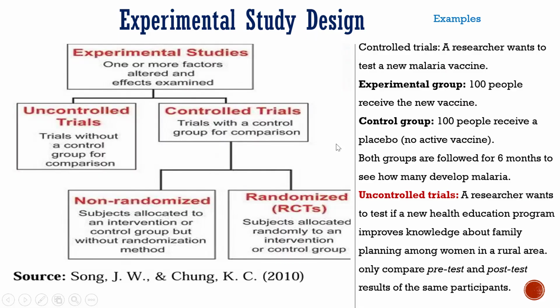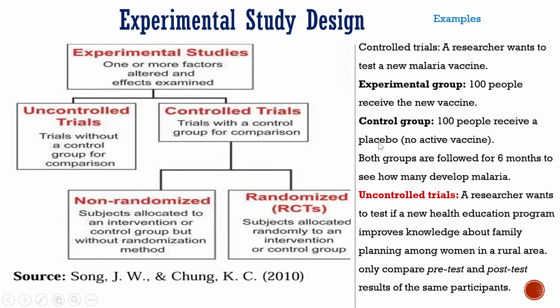Let's take, for instance, a researcher who wants to test a new malaria vaccine. That is for the controlled trial. To test this new malaria vaccine, you have to have two groups: the experimental group, let's say 100 people to receive the new vaccine, and then the control group, 100 people to receive a placebo.